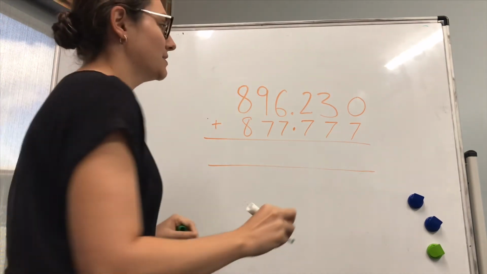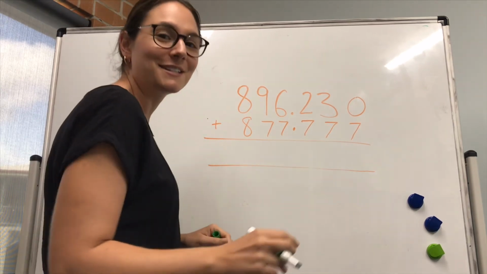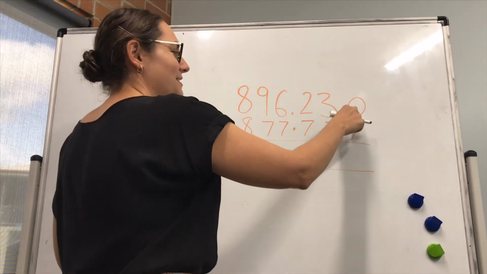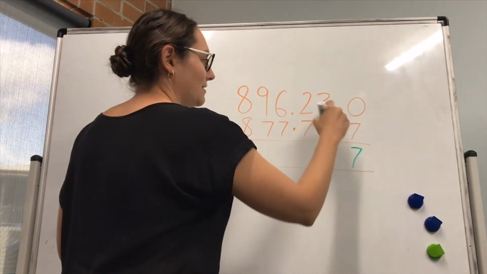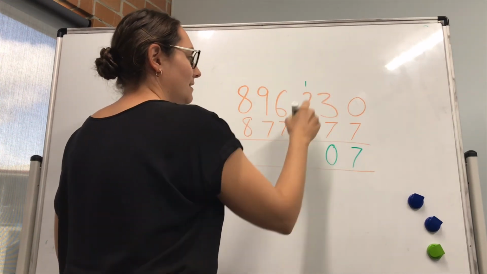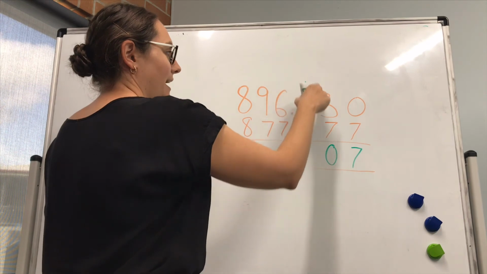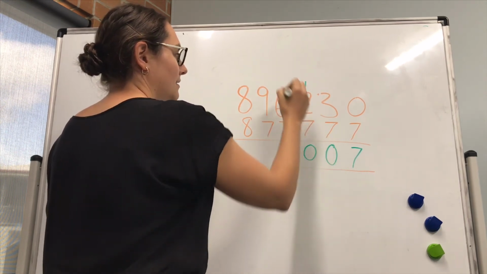Alright, so the answer to this question is 0 plus 7, 7, 3 plus 7 is 10, 7 plus 3 is 10.